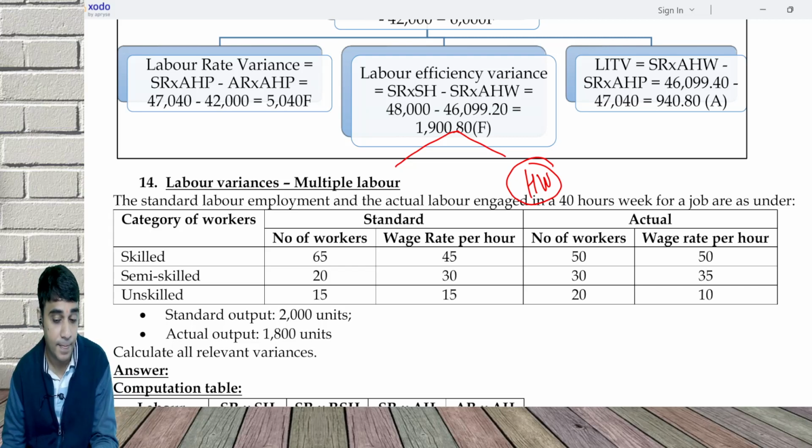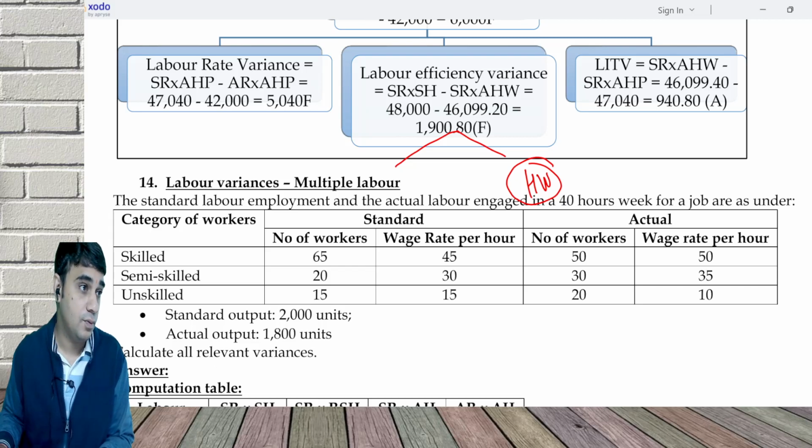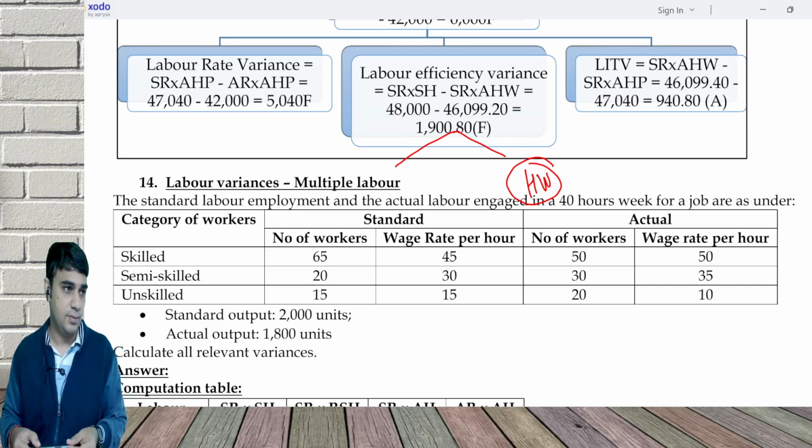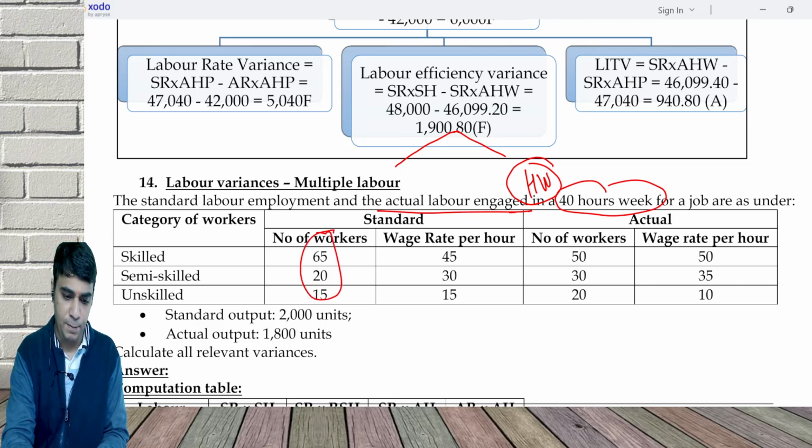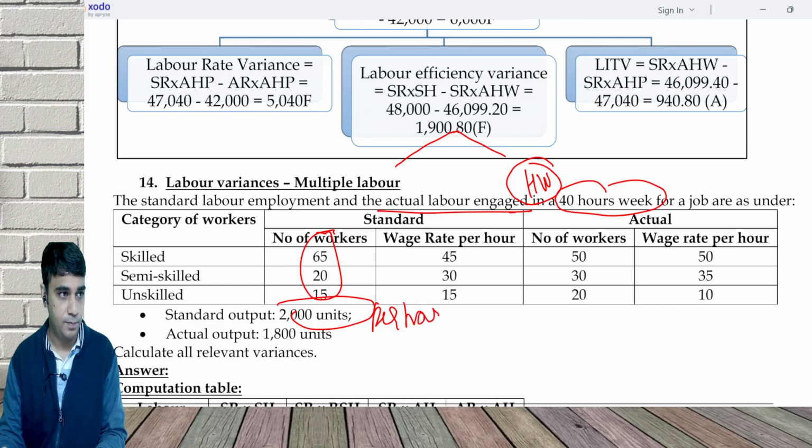The question says the standard labor employment and actual labor engaged in a 40-hour week is 100 people, correct? Did they say 2000 units per hour?